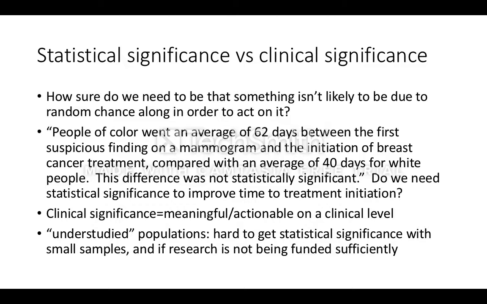There are clinical reasons that the result might be meaningful or actionable on a clinical level or a practice or program level. And that's where your expertise as clinicians really comes in. Regardless of statistical significance, does this research have clinical significance to you? Does it have meaning for you as a clinician, regardless of what the math side of things says?